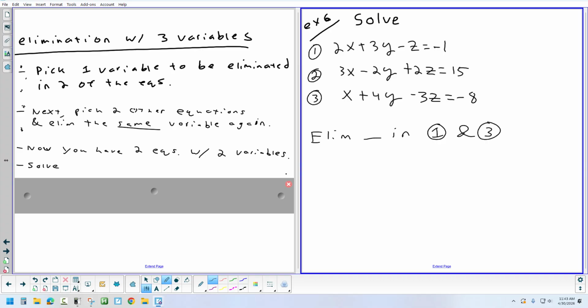You want to try to eliminate x. Okay. So we are going to eliminate x in equations 1 and 3. So when we're done, we're only going to have a y and a z. Okay. Let me copy them down. There's equation 1. Here's equation 3.